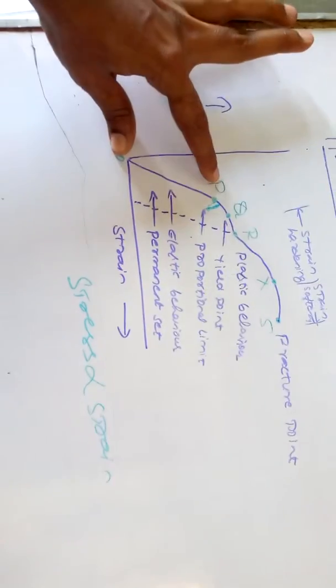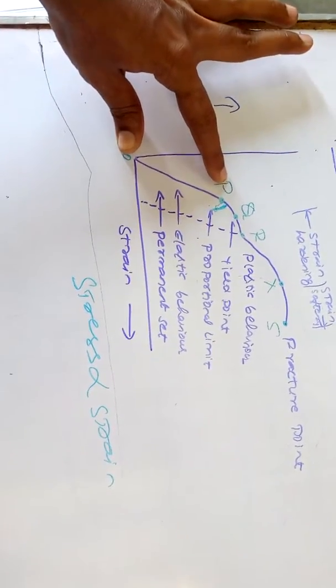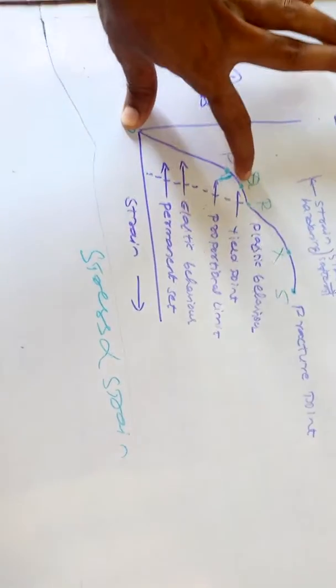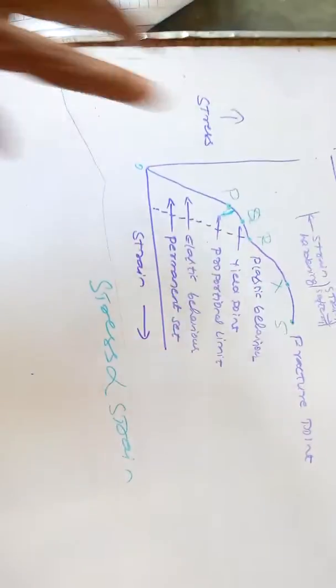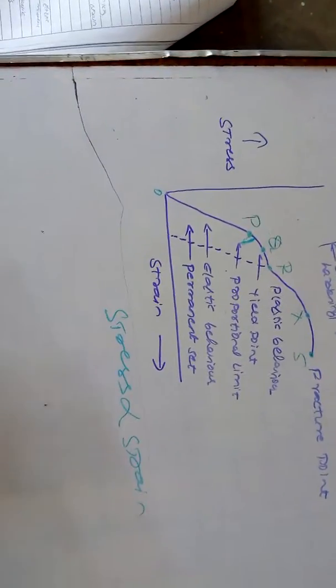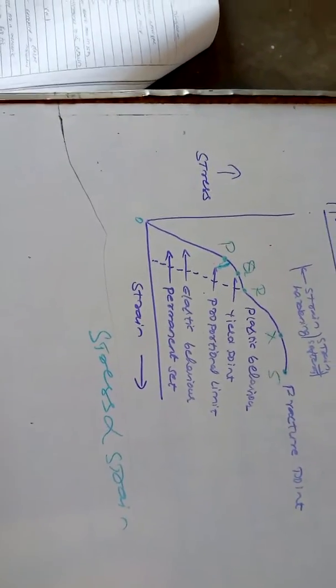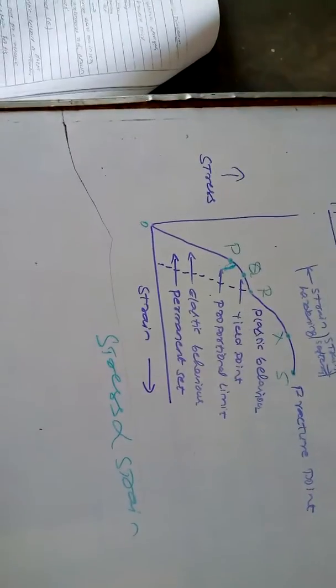Only from O to P do we observe stress directly proportional to strain. From P up to Q there is elastic nature, but we can't observe a linear dependence between stress and strain.